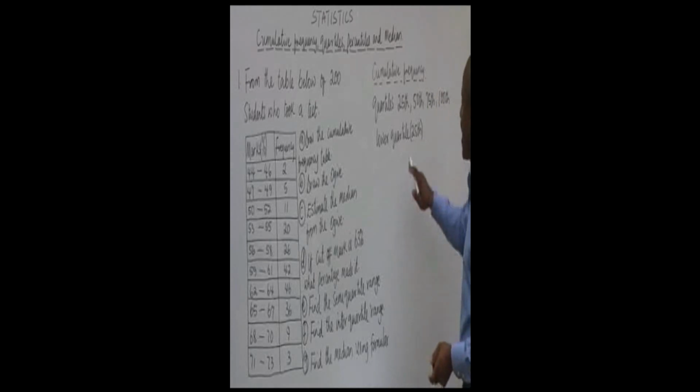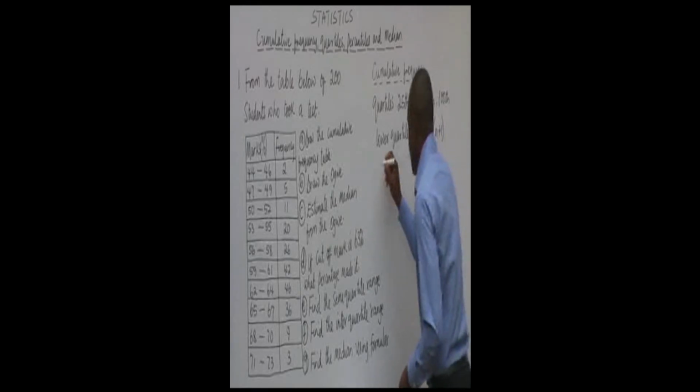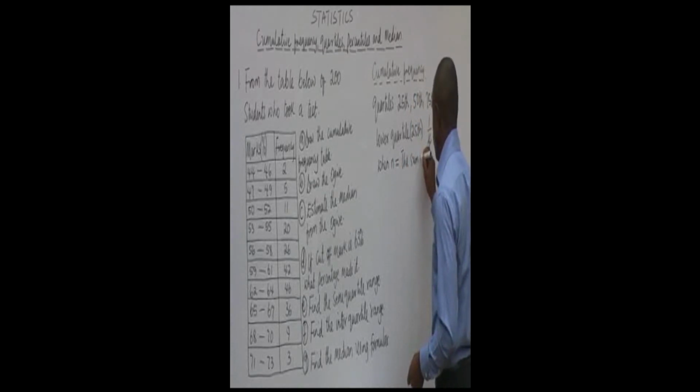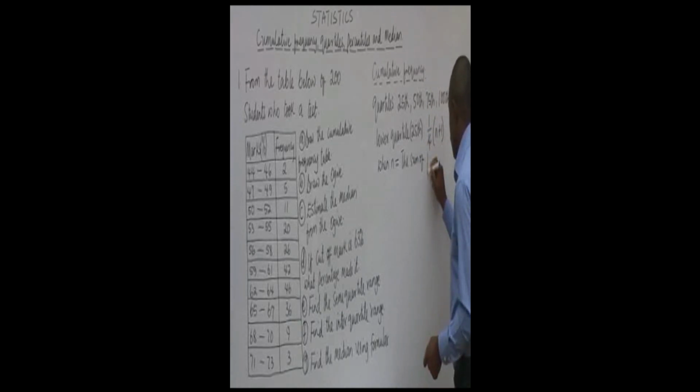The formula for finding the lower quartile is 1/4 of n plus 1, where n is the sum of frequencies.